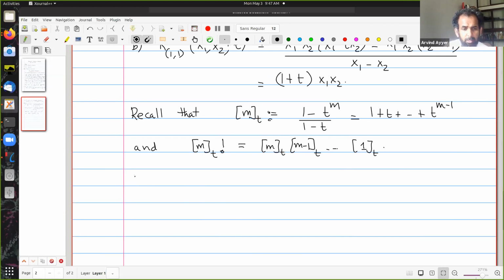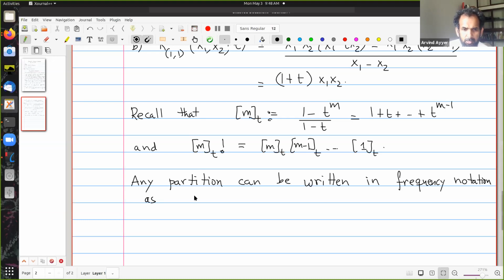So any partition can be written in frequency notation or exponential notation as lambda equals, I'll use angular brackets to distinguish from the other notation, the parts notation, 1 to the m1, 2 to the m2, etc. So this says that 1 occurs m1 times, 2 occurs m2 times, and here it's conventional, again it's a bit of a pain, but it's conventional to write it in increasing order.